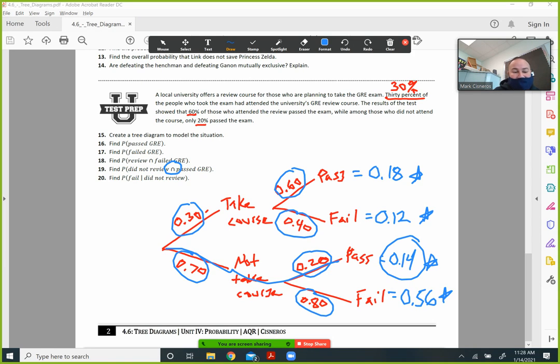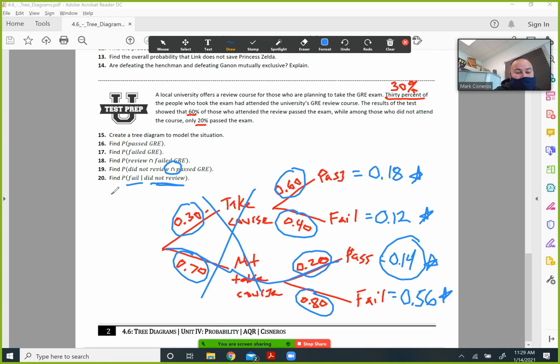Now somebody at home asked for number 20. Number 20 is kind of like that number 12 that I did, where it says, what's the probability that somebody failed given that they didn't review? So they didn't review. This is already done. What percentage failed after the ones that didn't review? 80%.